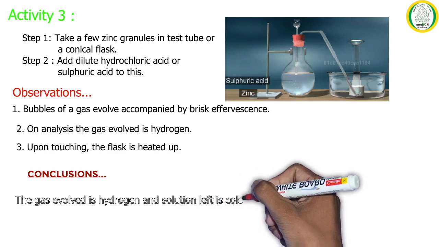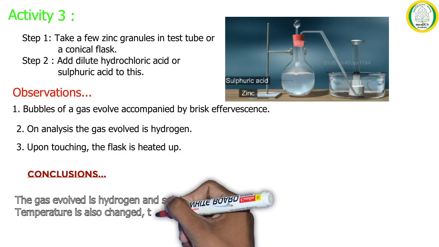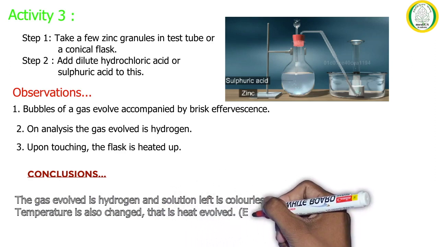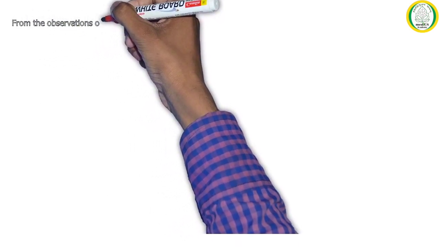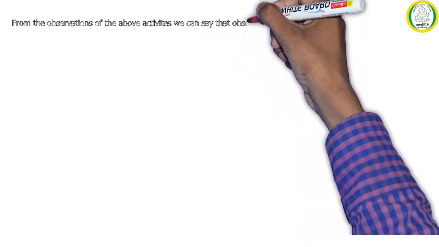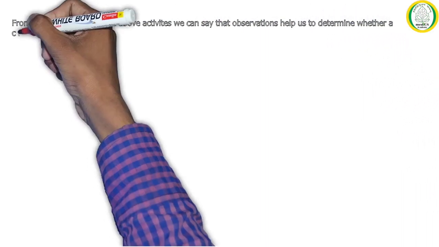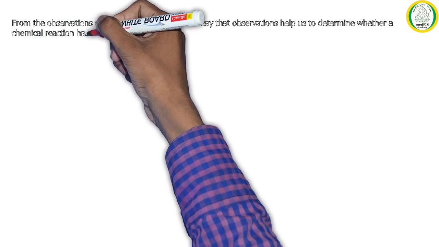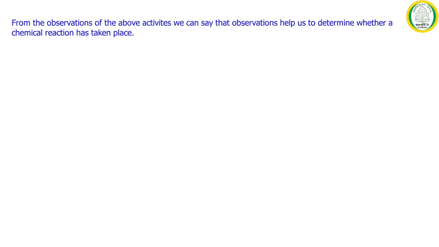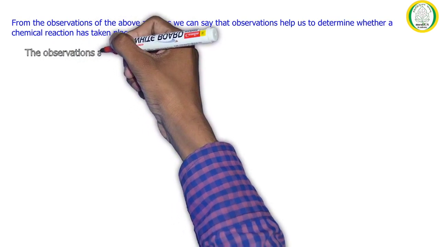Now, from the observations of the above activities, we can say that these help to determine whether a chemical reaction has taken place or not. If you want to know that a chemical reaction has taken place, we have to look for four observations.